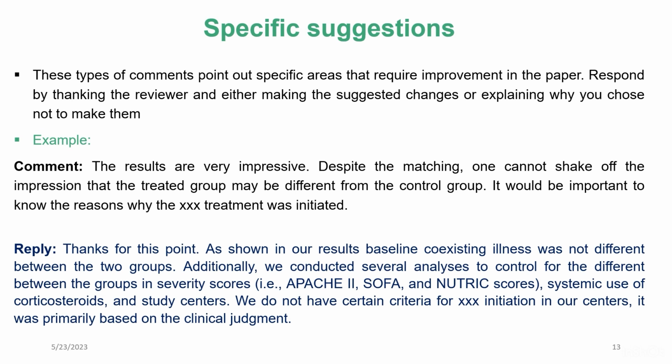For example, here is a comment from a reviewer saying that the results part is very impressive. Despite the matching, the reviewer cannot shake off the impression that the treatment group is different from the control group, and says that it would be important to know the reason why X treatment was initiated to begin with.